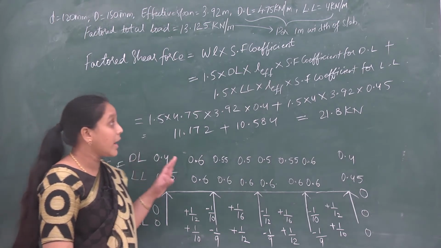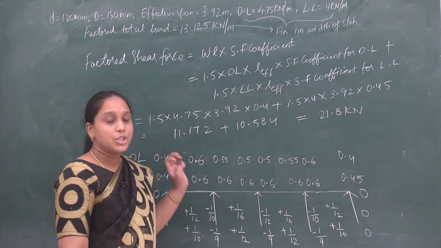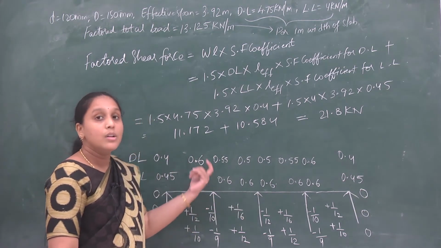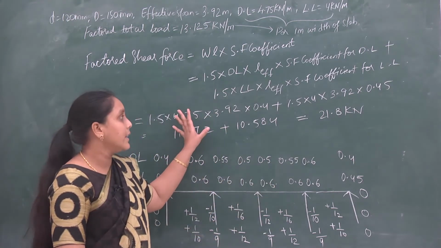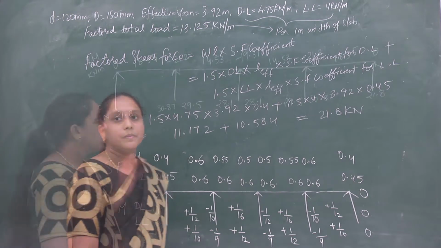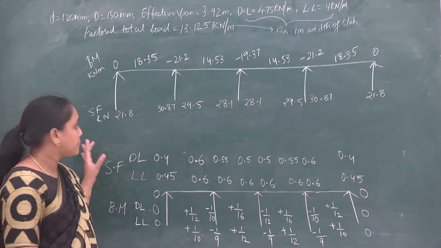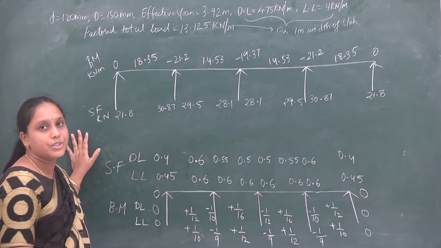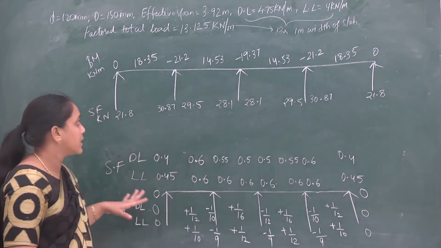In a similar way, we have to calculate the factored bending moments and the shear force at different sections. At different sections we have the values, right? All those values have to be calculated in the same process and tabulated. Following the process, if we calculate the bending moments and the factored shear force, we are going to get these values at different sections.